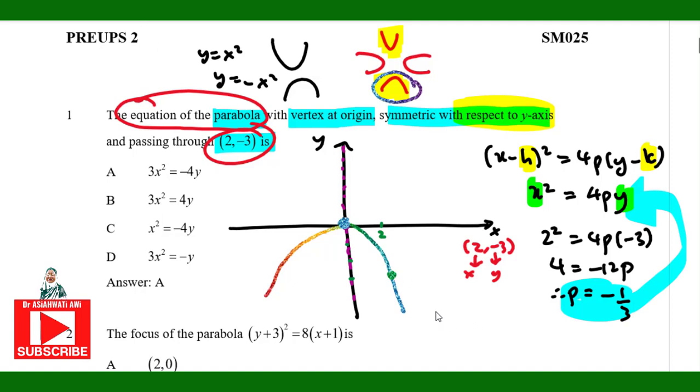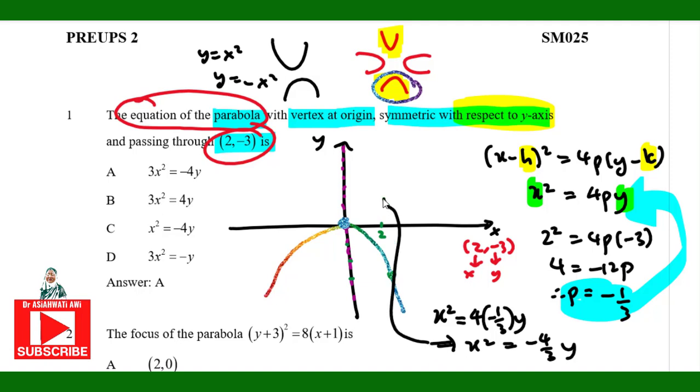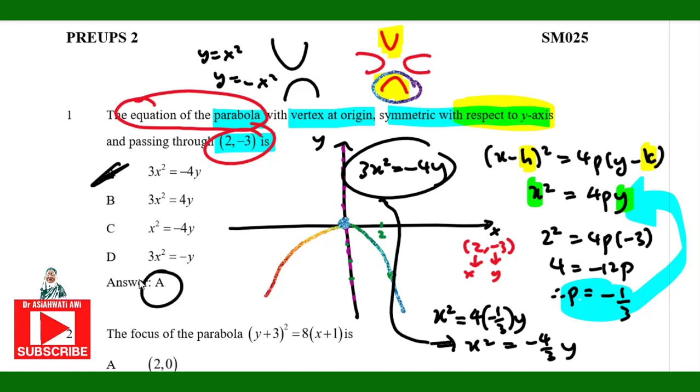Then x squared is equal to 4 times -1/3 y. It implies that x squared is equal to -4/3 y. Checking the answer, bring the 3 up, so 3x squared is equal to -4y. So that is A.